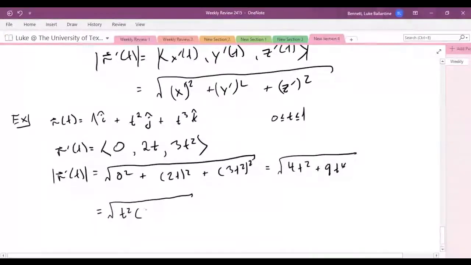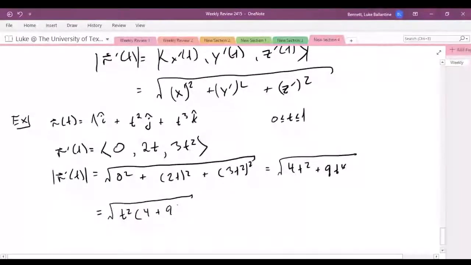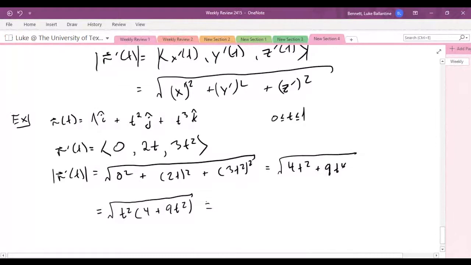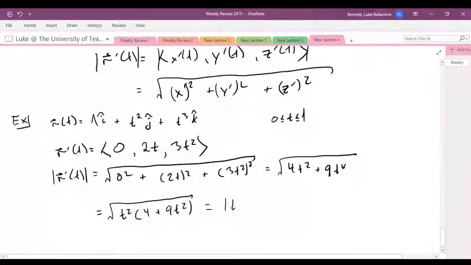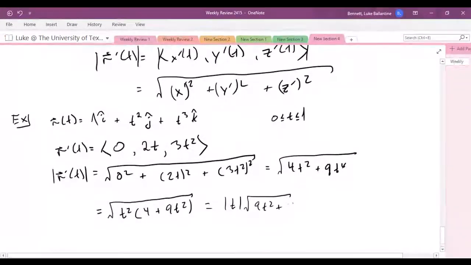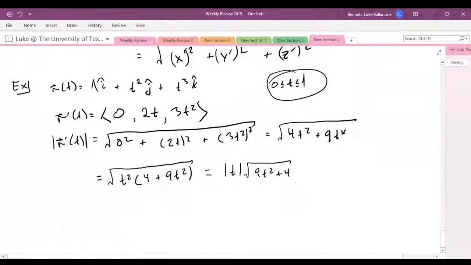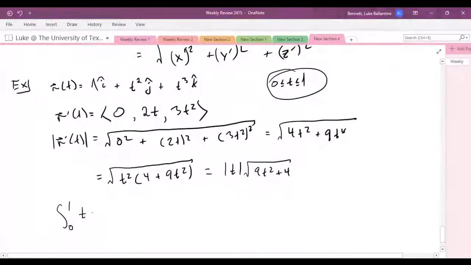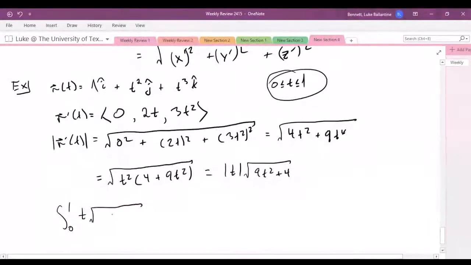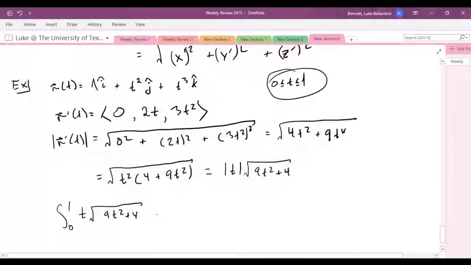So I have t squared times 4 plus 9t squared. Okay, so the square root of t squared is just the absolute value of t, times the square root of 9t squared plus 4. Since t is positive, we can drop the absolute value. So really, we're just integrating from 0 to 1, t square root 9t squared plus 4 dt.